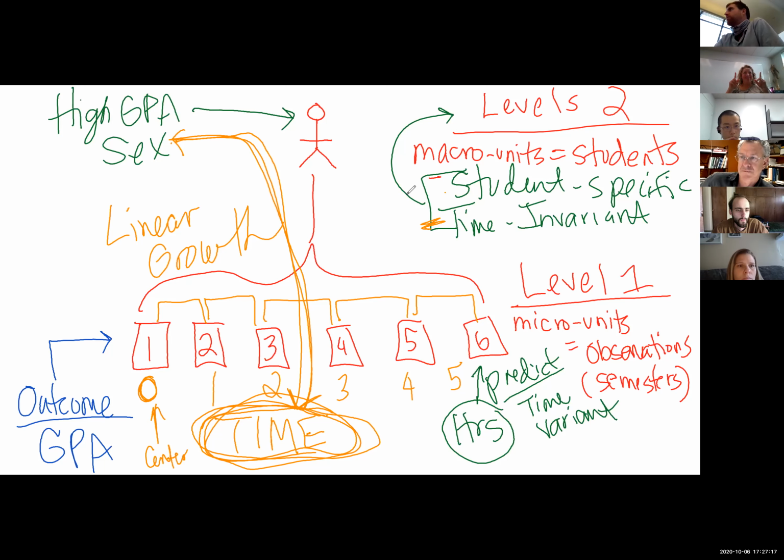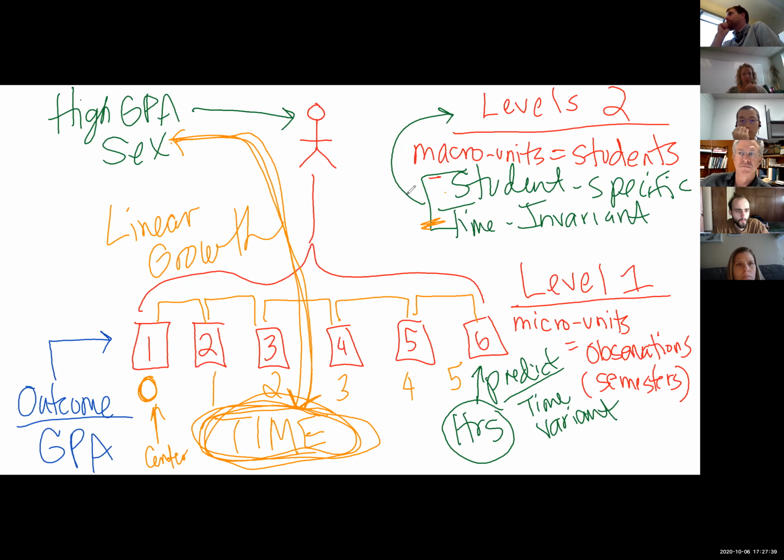Joey brings up a great concept about power and sample size. Huge deal, right? Usually we say we want a good number of units at each level. Six seems small, which means we probably need more than 15 or 20 students.